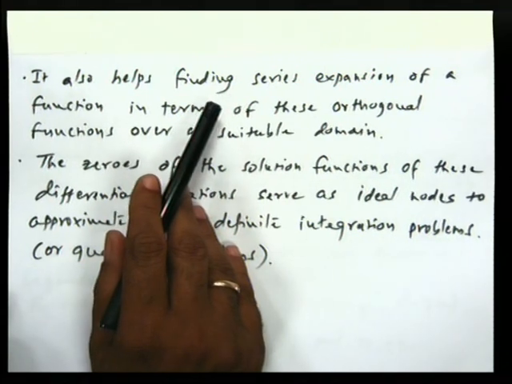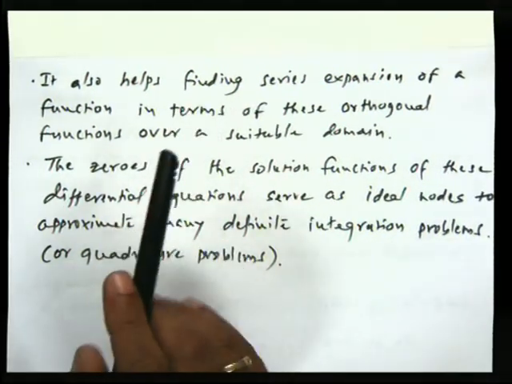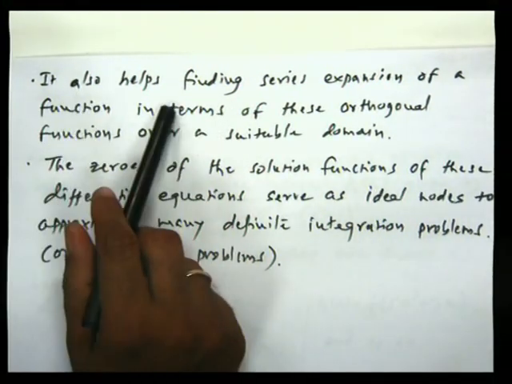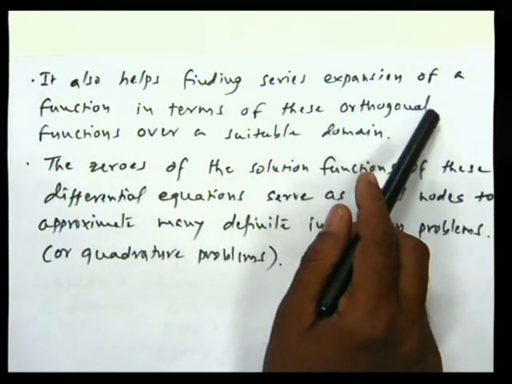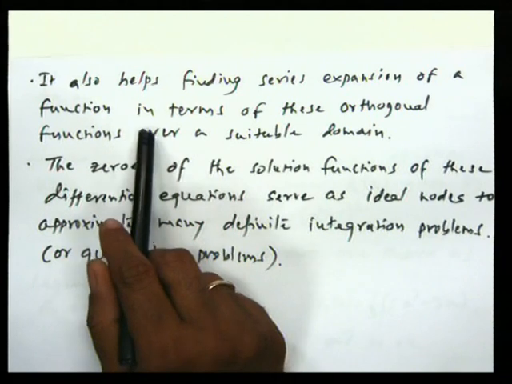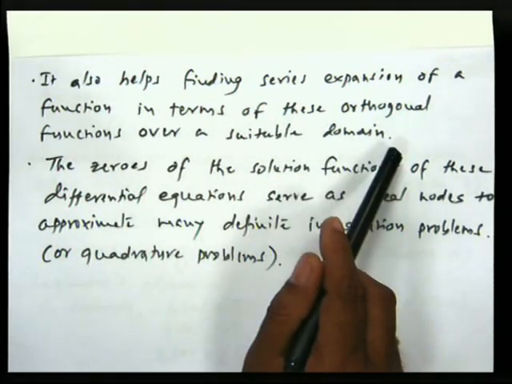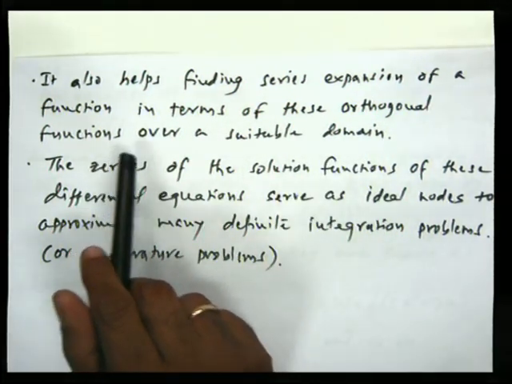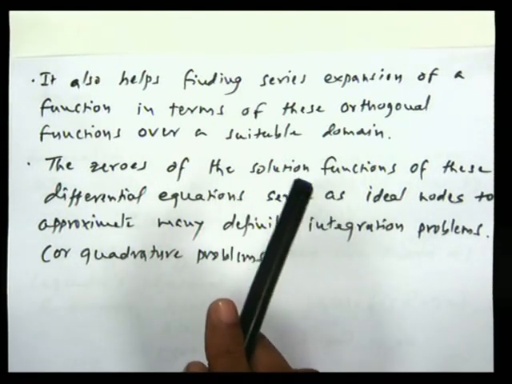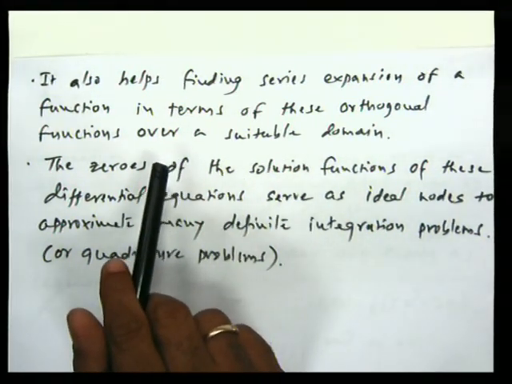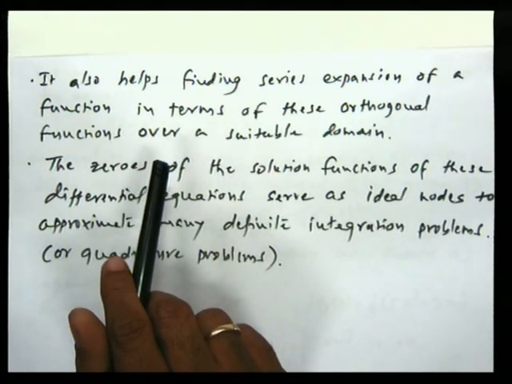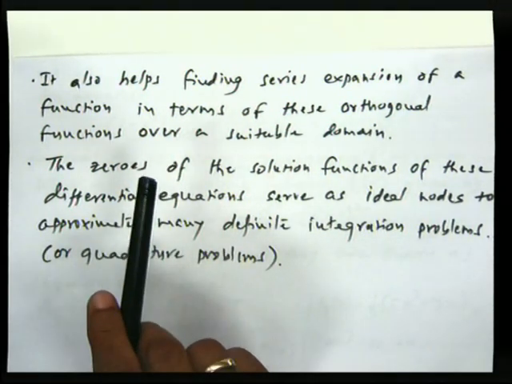It has some other characteristic as well. It also helps find the series expansion of a function in terms of these orthogonal functions over a suitable domain, right. So, you must be familiar with a kind of series we call Fourier series.